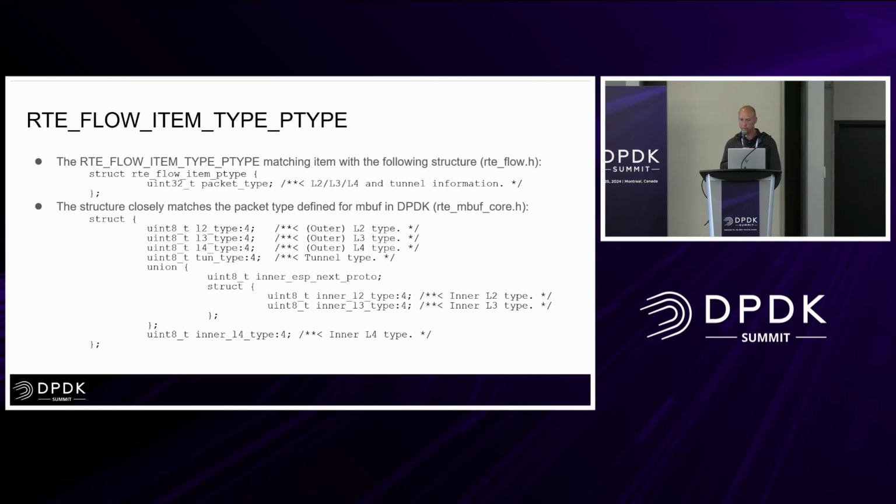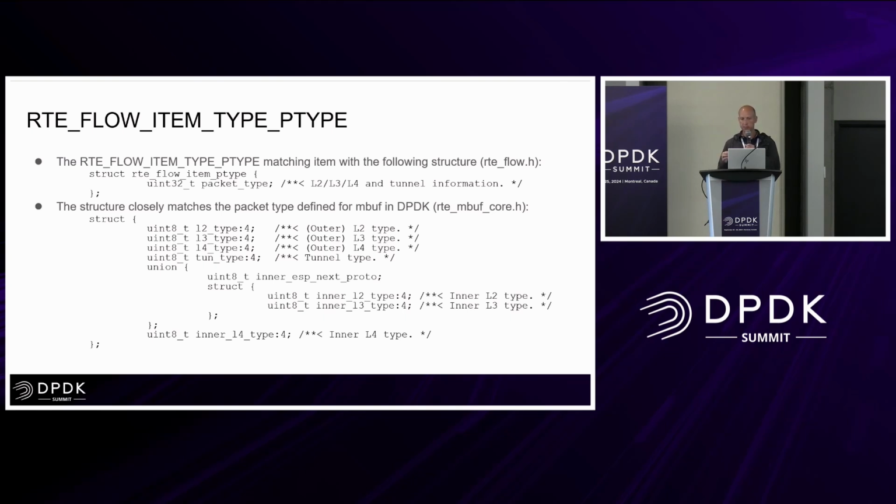So from the user point of view, it's very easy to adopt it, and whenever you get the packet, you get all the information, you save the packet type, and you can quickly apply it to the hardware and say, from now on, the work on this type of packets will be handled in the hardware.